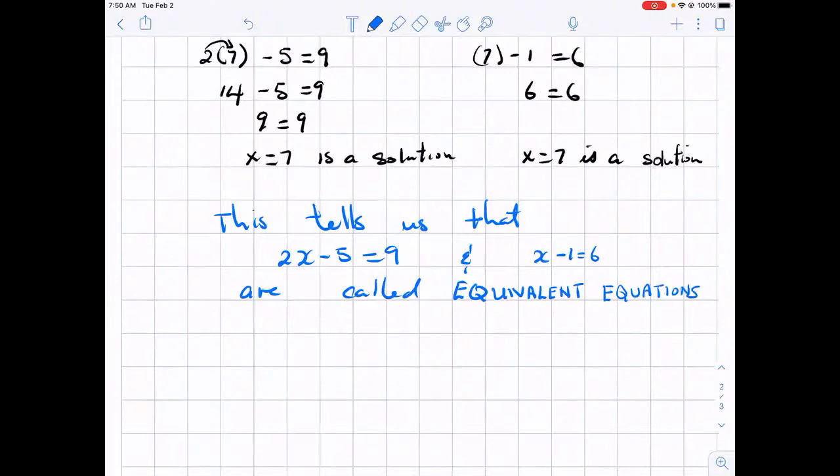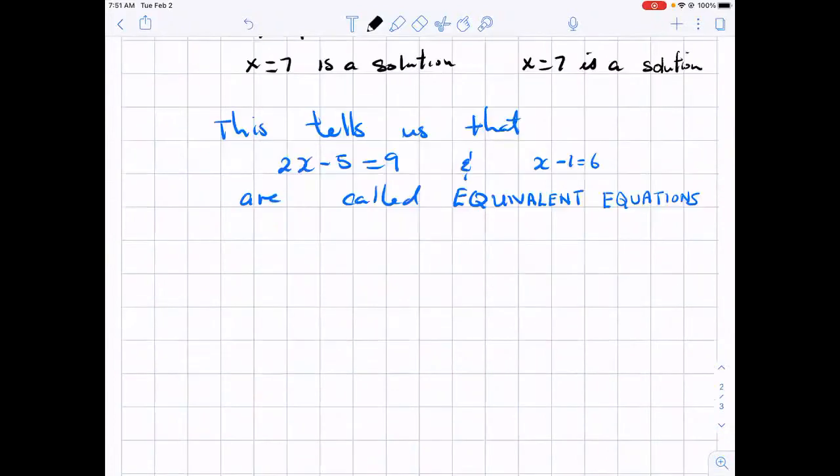And it doesn't have to be two, it could be two or more, right? So anytime we have two or more equations that have the same solution, we can refer to them as equivalent equations. Now let's look at the whole solving process.